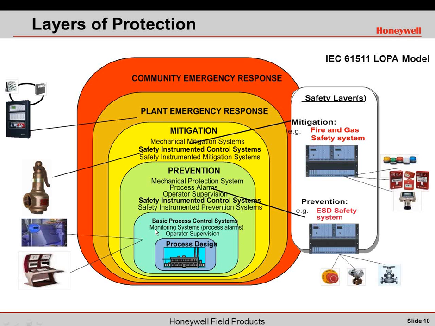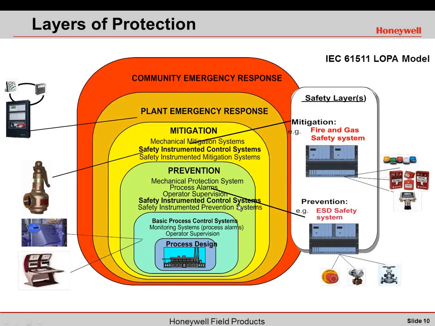The process control system itself provides significant safety through proper design of process control. The next layer of protection is also provided by the control system and the control system operators. Automatic shutdown routines in the process control system combined with operator intervention to shut down the process are the next layer of safety. And next, the prevention layer has the safety instrumented control system.